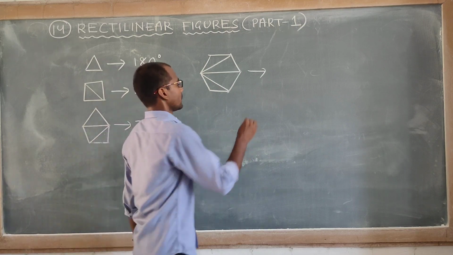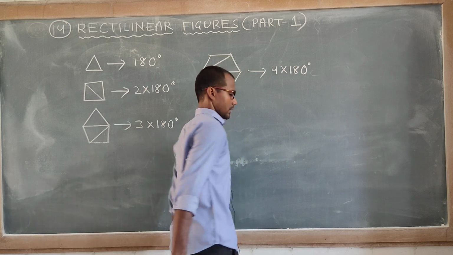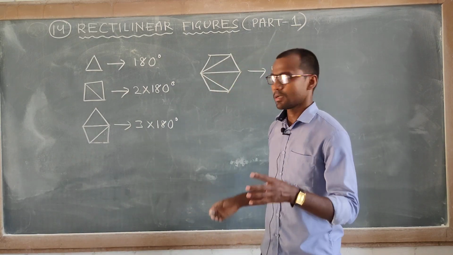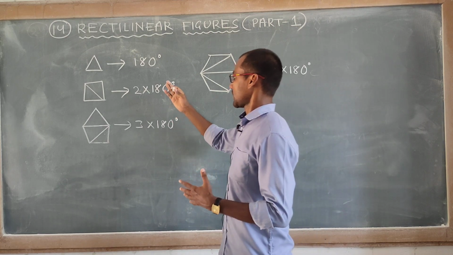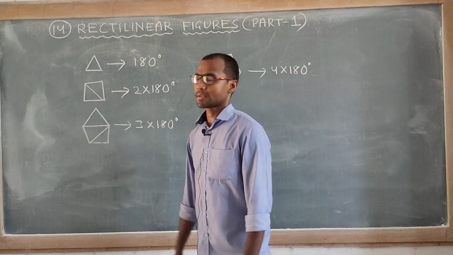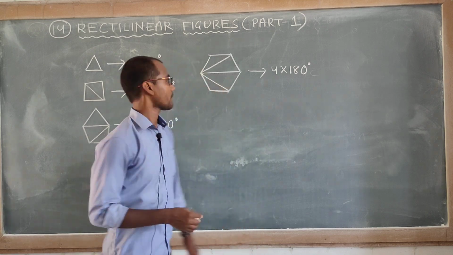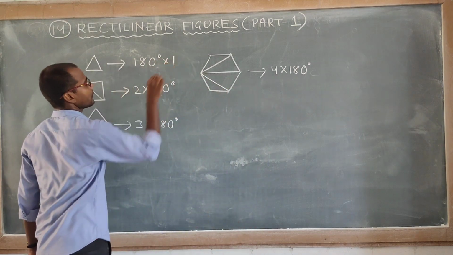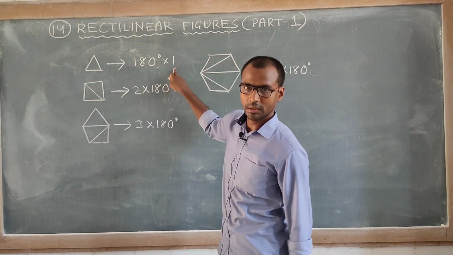So 4 into 180 degree. So in this way you can see there is some relation with the number of sides. 3 sides, then 1 into 180. 3 sides, then 1 into 180.